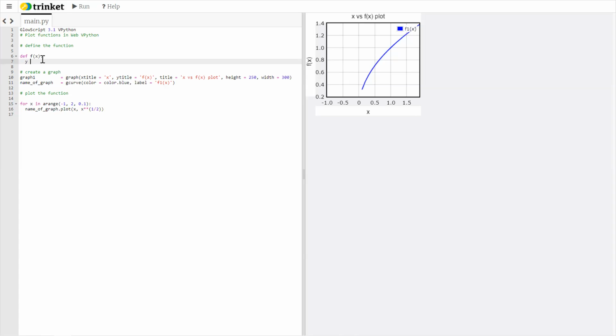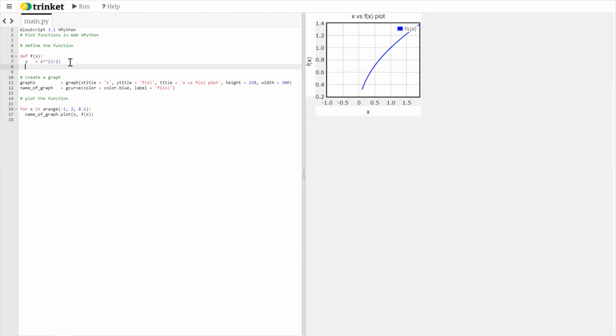So let's say we want y equals x raised to 1/2. Instead of putting the explicit function here, we just call the function f of x. Okay. And then return the value of that function in line 7. Return y. Okay, let's run this.